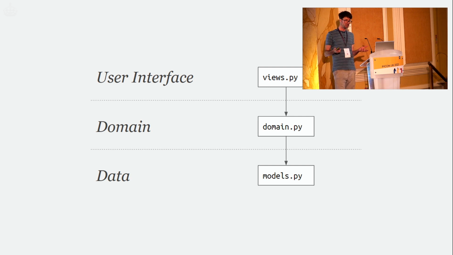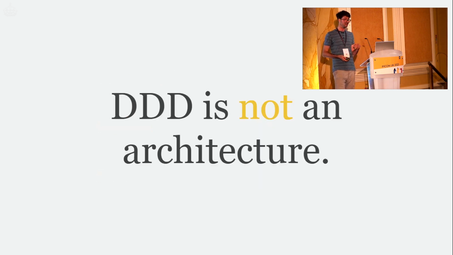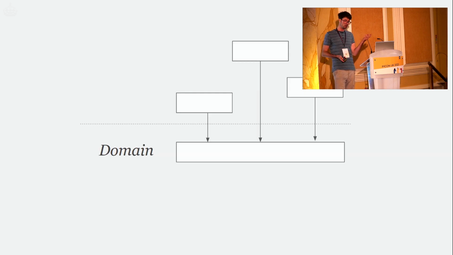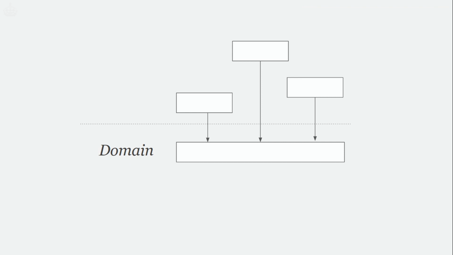Now, I should say, don't take this particular architecture too seriously. I don't even like this architecture, to be honest. There are other ways to do it. Domain-driven design is not an architecture. It's easy when you read the book to think it's an architecture book, but it's all about concepts and people and practices. So some people prefer to do something more like this, where the domain sits at the bottom, has no dependencies, and everything depends on that.